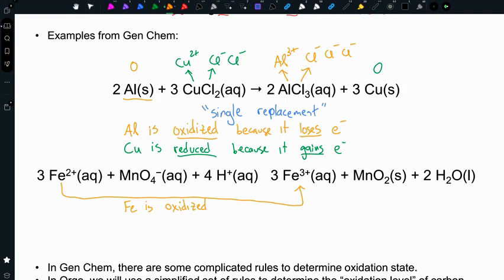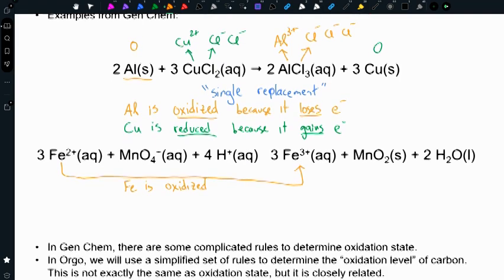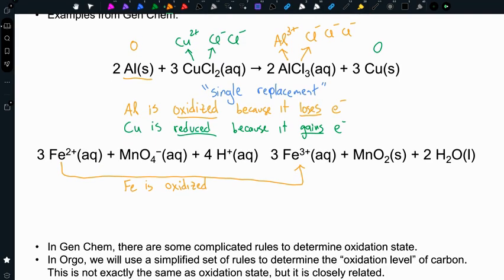There is a set of rules that you can use to assign what we call oxidation state. Some of those rules can be complicated, so I'm not going to go into them in detail. But if we were to apply those rules, what we would see is manganese at the start of this reaction in MnO4 minus has an oxidation state of +7, whereas at the end it has an oxidation state of +4.